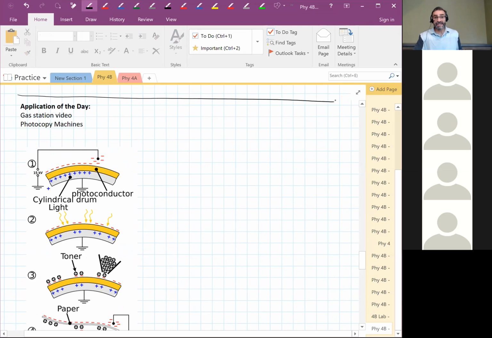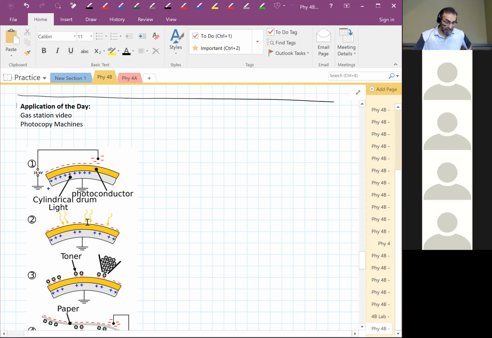One of the applications of electrostatics is photocopy machines. Maybe you haven't given a lot of thought to how a photocopy machine works, but the key is that there's a material they call a photoconductor, this yellow band here on the image.